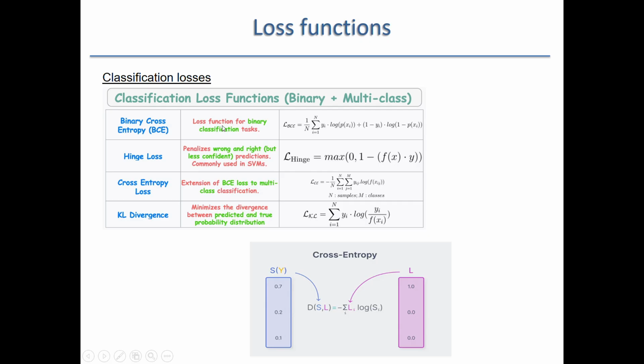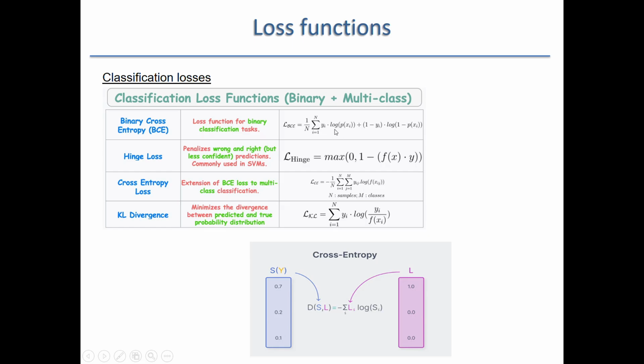The binary cross entropy uses y, remember it is 0 or 1. Then p(xi), where xi is your input, the individual that you're trying to classify, is the probability predicted by the network to belong to class 1.